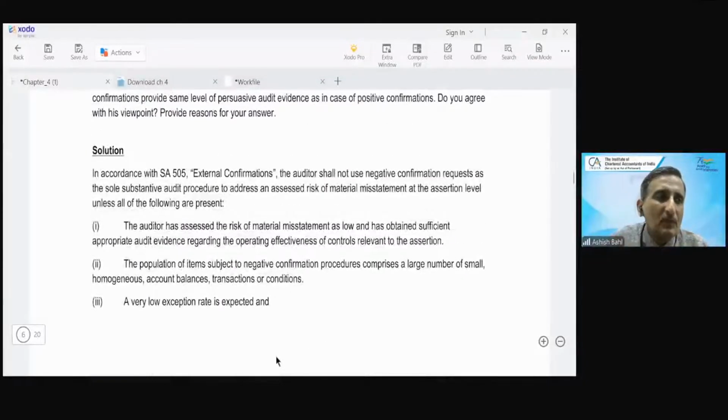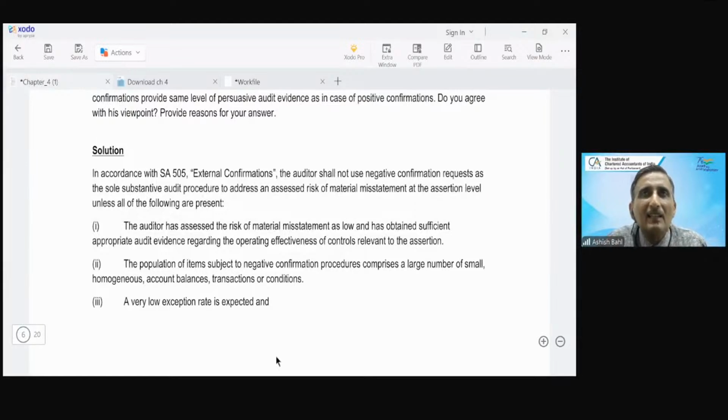In these circumstances, there are 4 points. The auditor has assessed the risk of material misstatement to be low. In such cases, negative confirmation requests are to be sent. The population to whom they are to be sent is relatively small balances, a large number of small balances that are homogeneous. Homogeneous means similar balances or transactions. A very low exception rate is expected.